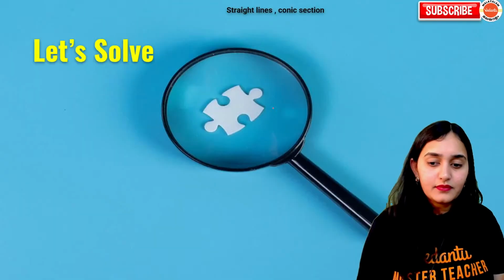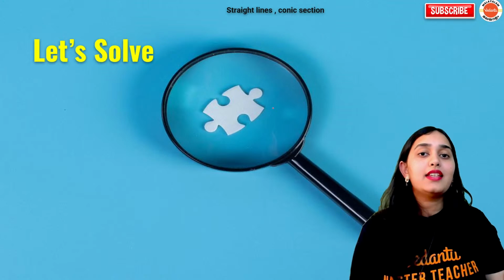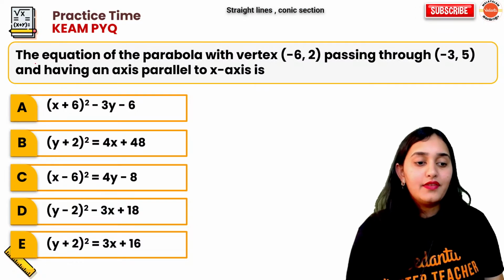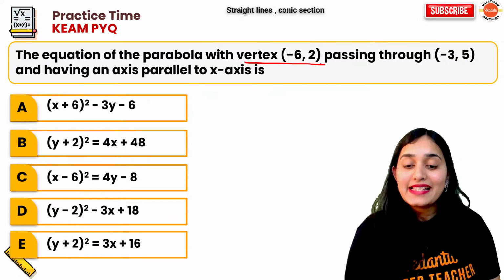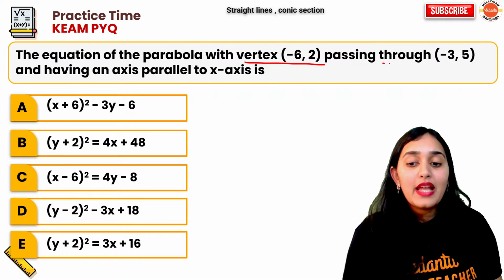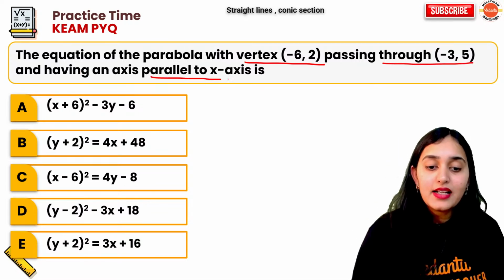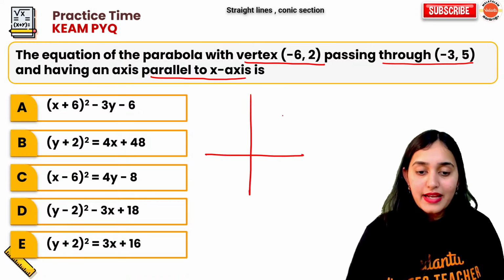Okay. Now, let's solve questions based on all these formulas. Number 1. Find the equation of the parabola where the vertex is given. The parabola is passing through this point and it is parallel to the x-axis. That means, parallel to the x-axis means the parabola looks like this.